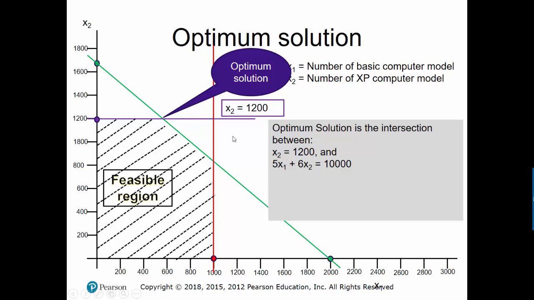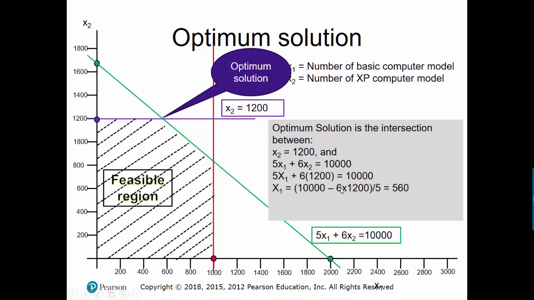To find x sub 1, since it's an intersection, we can plug in the 1200 for x sub 2 and then solve for x sub 1. So x sub 1 will be (10,000 minus 6 times 1200) divided by 5. That will give you 560. So x sub 1 equal to 560, x sub 2 equal to 1200.